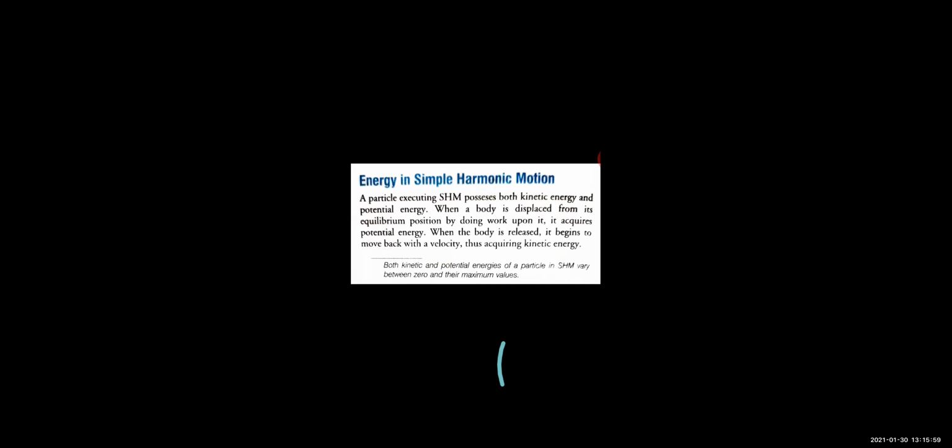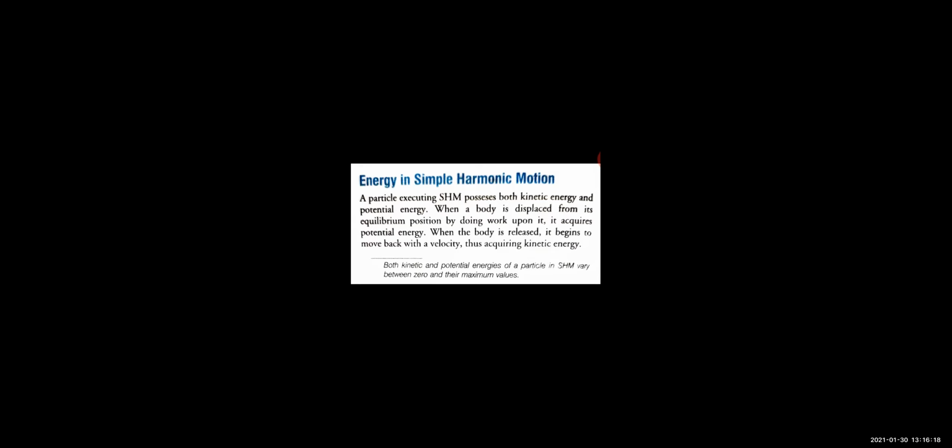Now children, we are going to move further with the next topic, that is we are going to calculate the energies in simple harmonic motion. When the particle is executing simple harmonic motion, we know both kinetic and potential energy are changing, right?